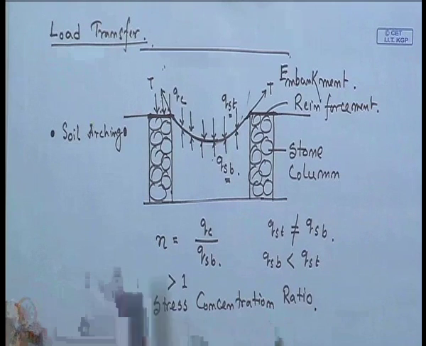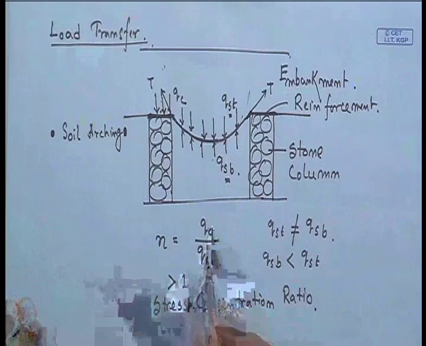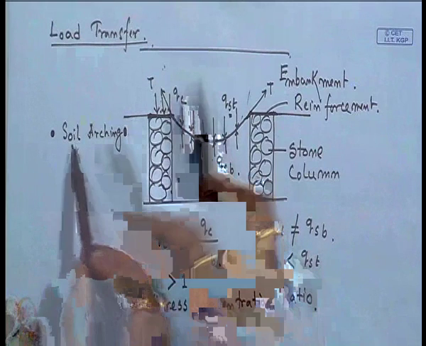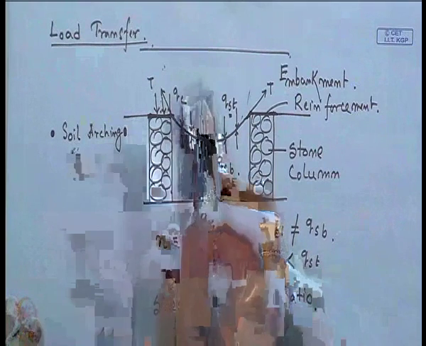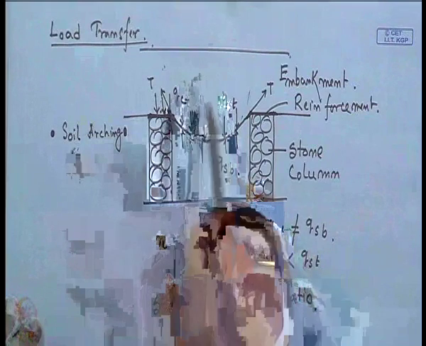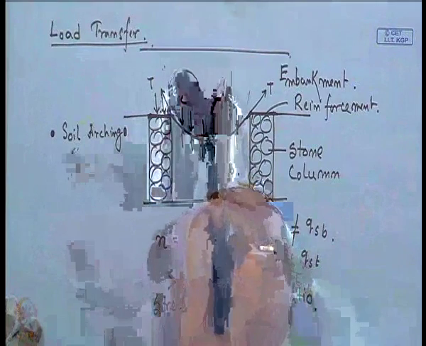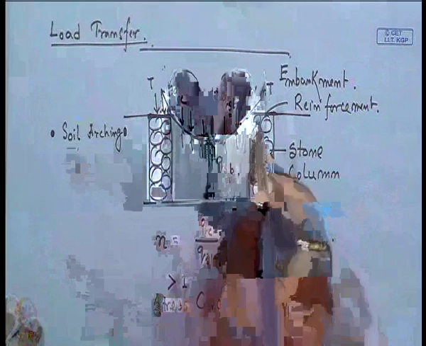Now, the reason why this QC is greater than QSB, one reason is soil arching, because due to soil arching the stress in this region will transfer onto the stone column region because of the differential settlement.